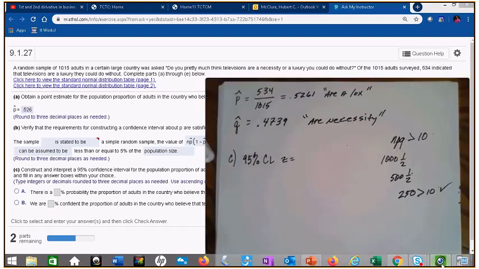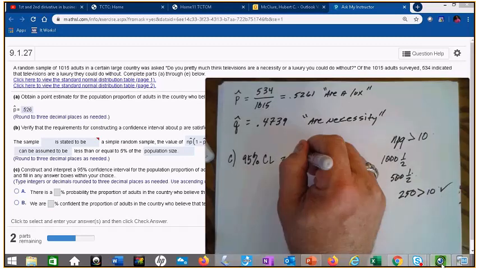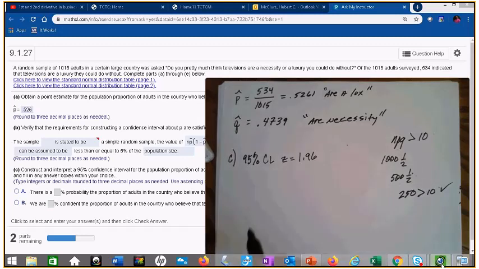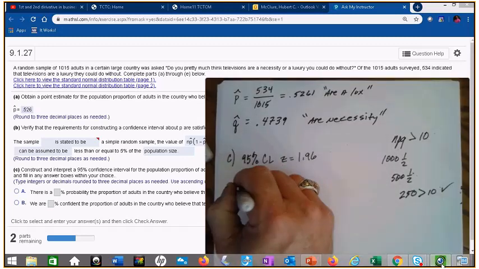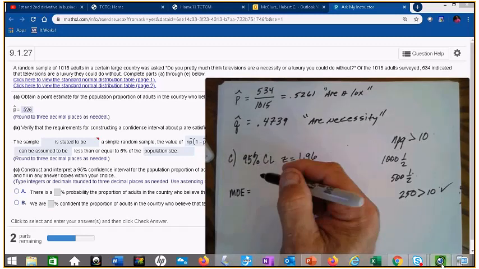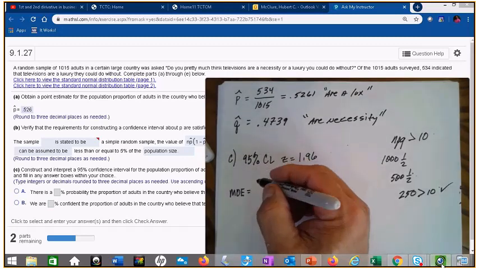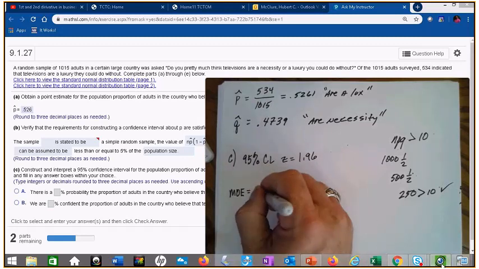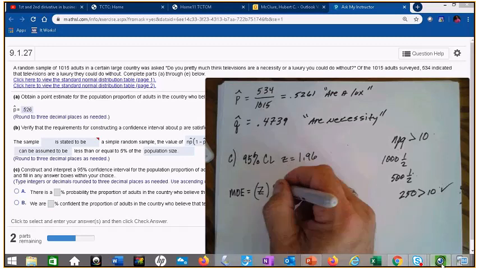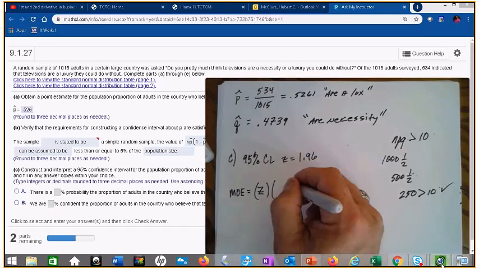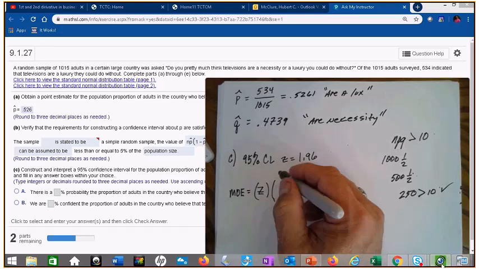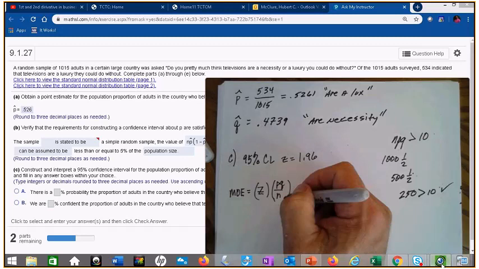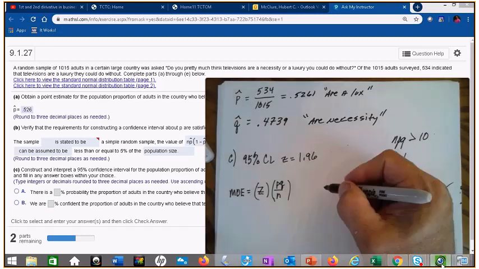1.96. So I'm going to put that right here. Now remember, in 9.1 we got two formulas. One is called margin of error, and that is where you take the Z-score and you multiply the Z-score times, and I forgot it, I think it's PQ over N, and it might be the square root, yeah, it is the square root, I think.